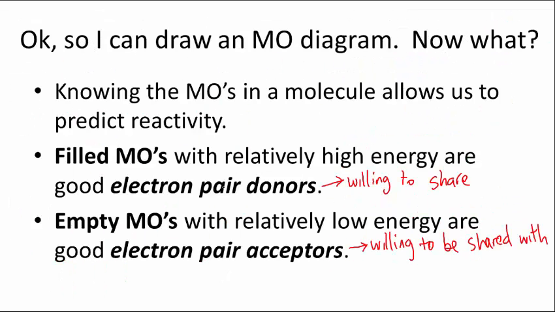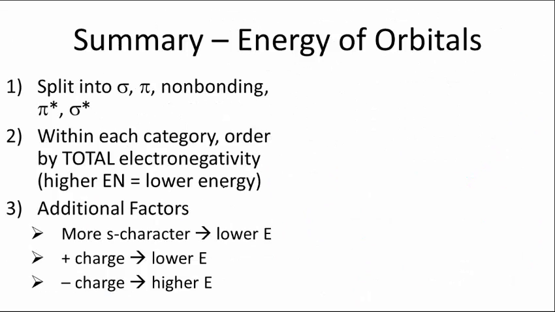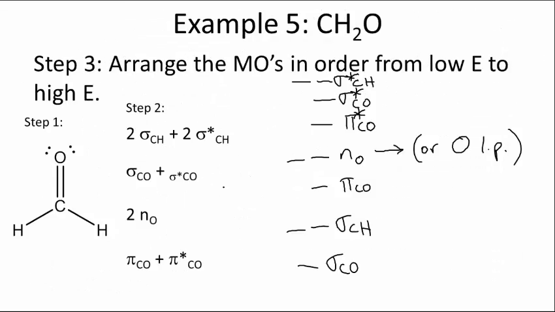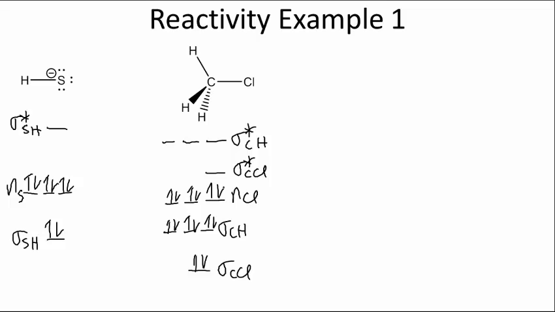And we talked yesterday about how a negative charge would make that atom less attractive, so that would increase the energy of those MOs. So sigma CH is going to be lower than sigma SH there. Sigma star CCl is going to be lower than sigma star SH. The lone pairs on chlorine are going to be lower energy than the lone pairs on sulfur.